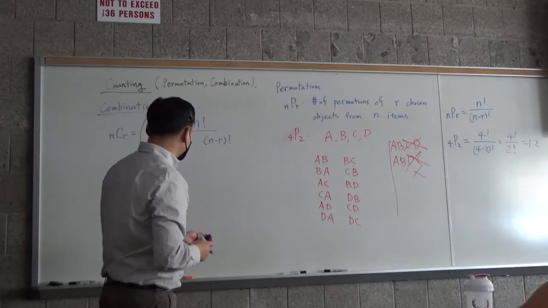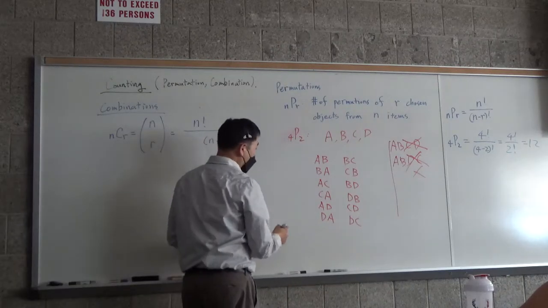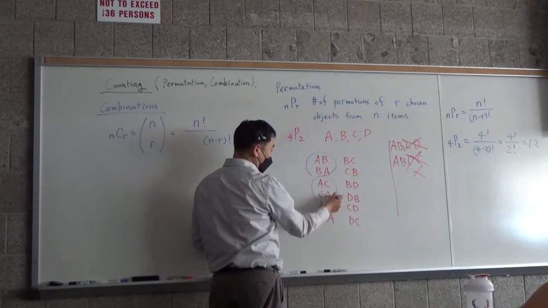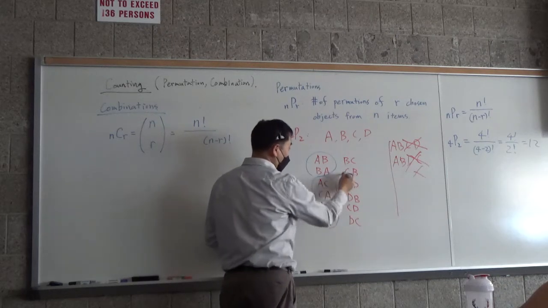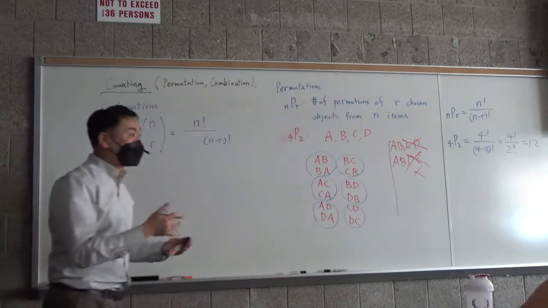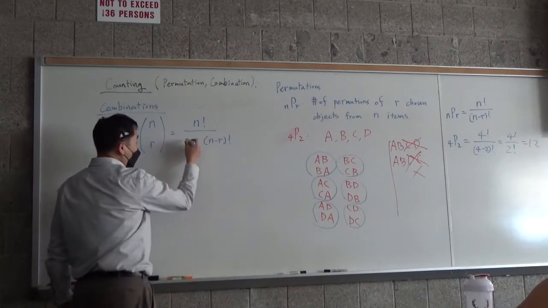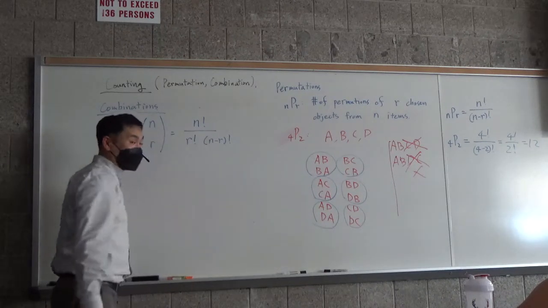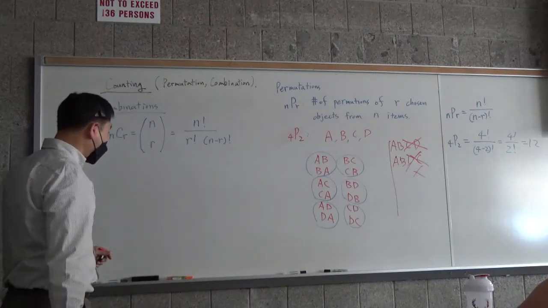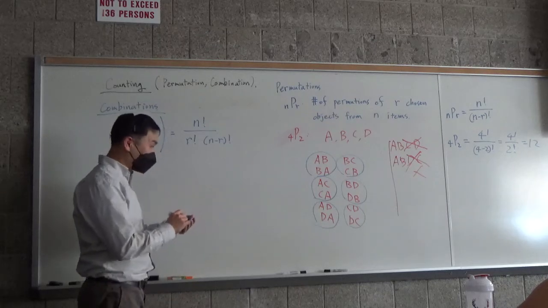However, the order doesn't matter here. So if you have 4 choose 2, then AB and BA are considered the same, AC and CA are considered the same, AD and DA are considered the same. These are all considered the same. So you're dividing by the number of ways you can permute them. So the R factorial different ways you can order R items is deleted. Okay, so that's the formula for combinations.